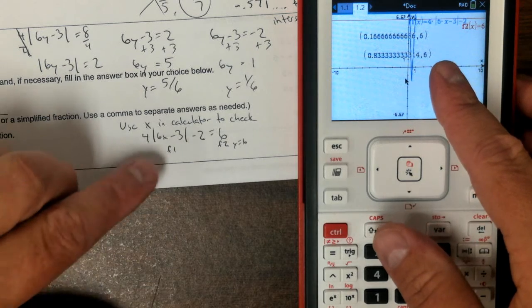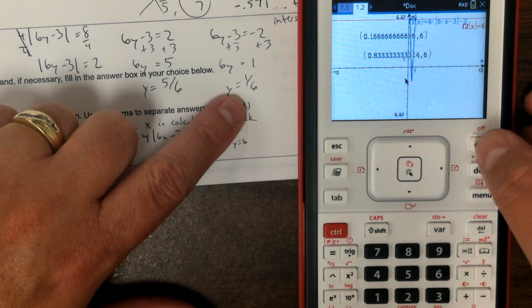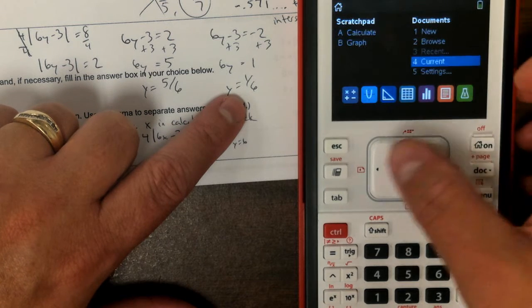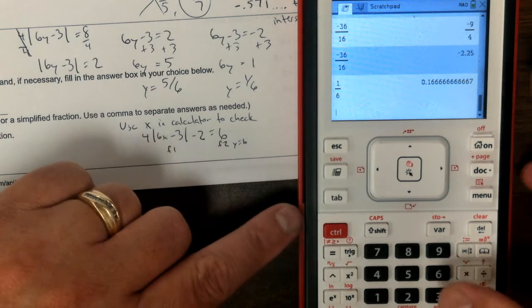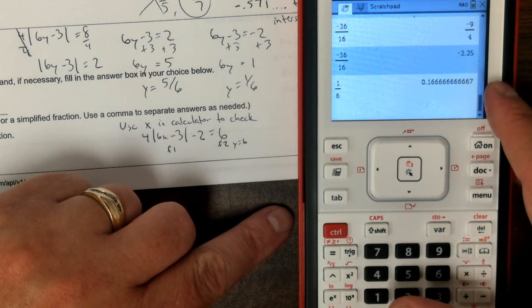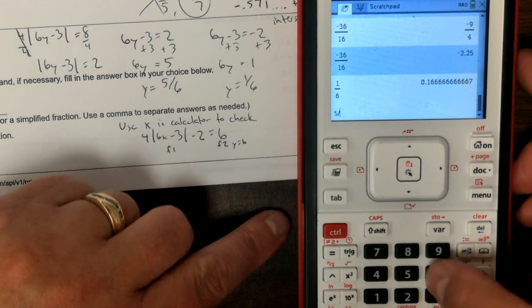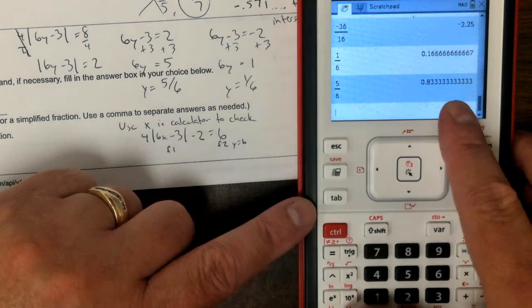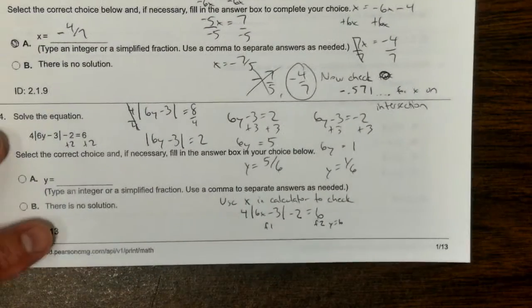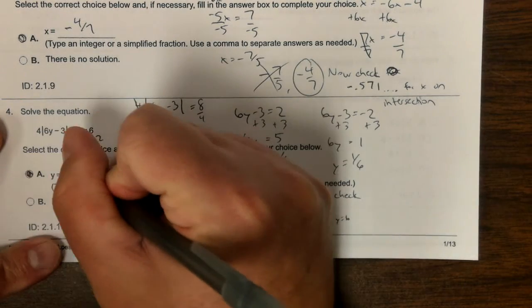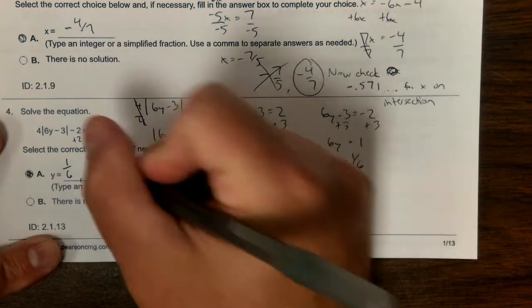Okay, so 1/6. It worked. That last 7 is just a rounded number. And 5/6. Okay, so both solutions work. So 1/6, comma, 5/6.